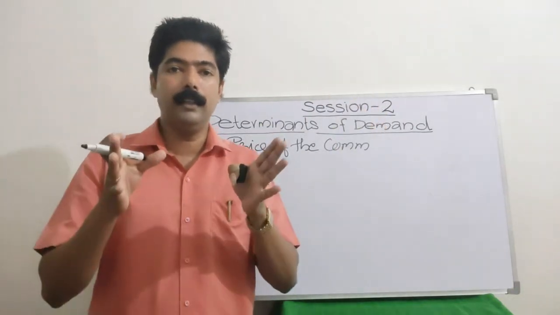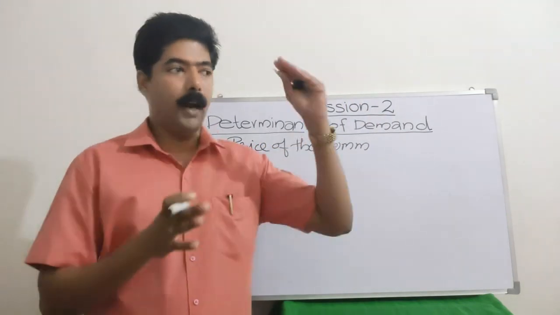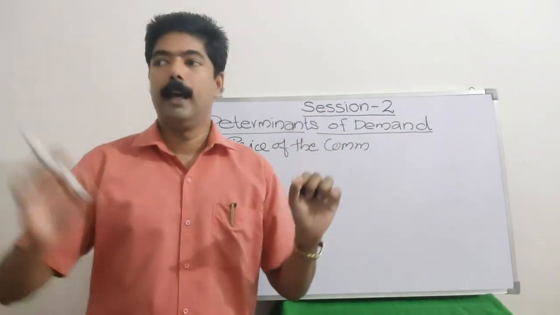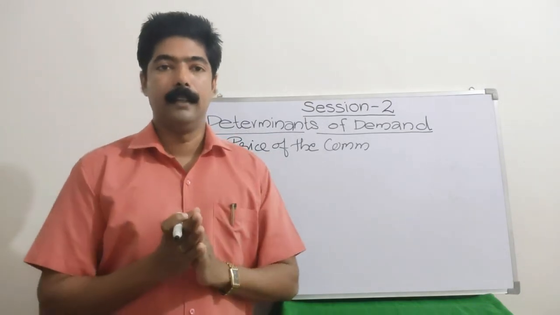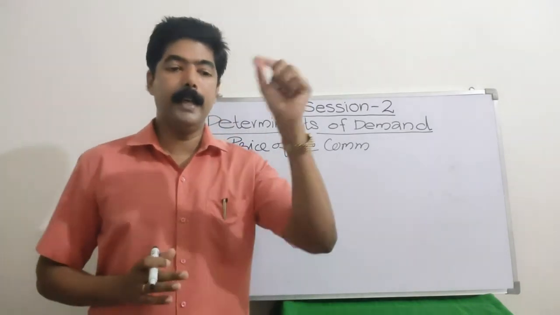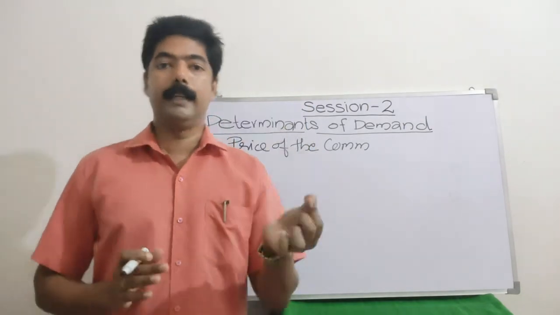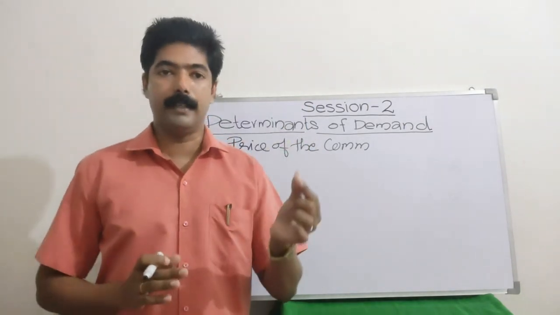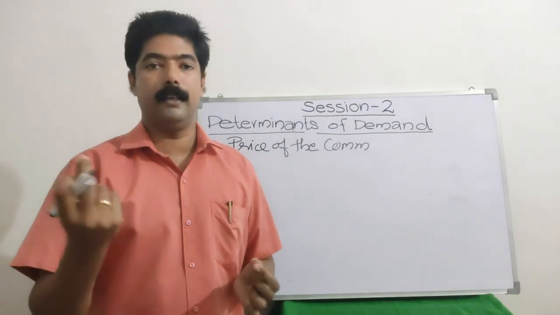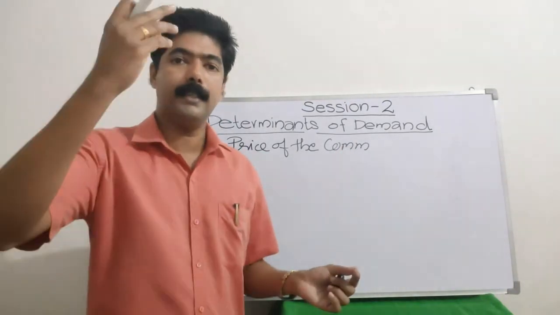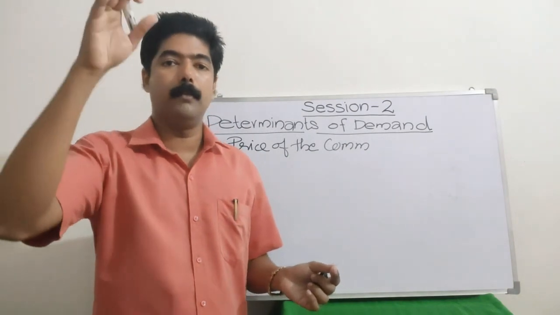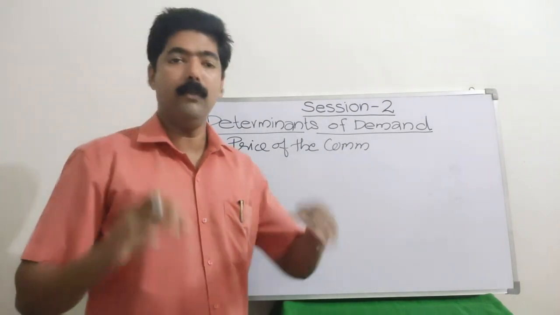So the quantity demanded of the commodity and the price are related to each other. Therefore, the relationship is an inverse relation. It means that when the price of the commodity increases, quantity demanded decreases, and vice versa.